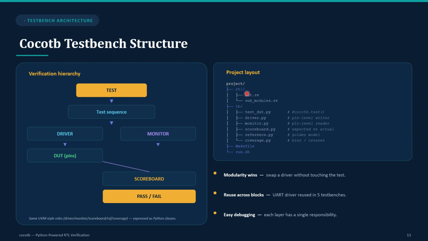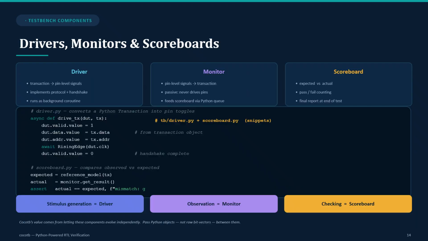This is the project layout. There is RTL, the DUT module, and the testbench. There is a testbench for the DUT: driver, monitor, scoreboard, reference, and coverage. Then our testbench. Here are the driver, monitor, and scoreboard.